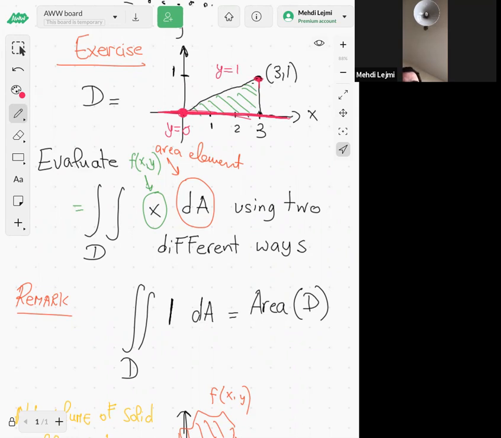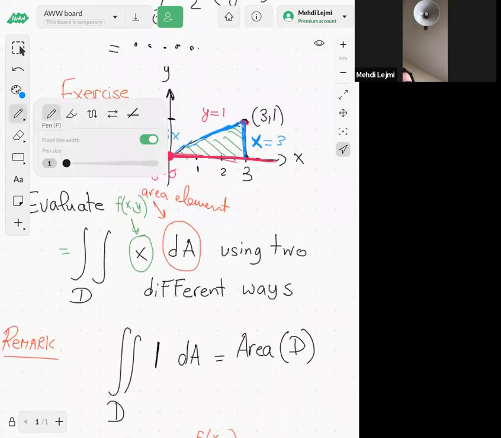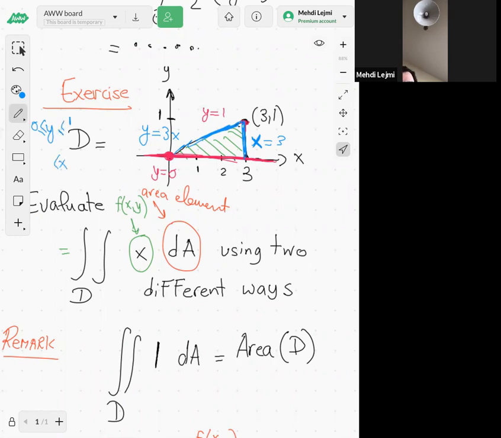And then your X would be between this segment here, which is the line X equal to 3, and this line here, which is the line Y equals 3x. So Y is between 0 and 1, and X is between Y over 3, because you have to solve for X. This is Y equals 3x, but if you solve for X, that will be Y over 3.